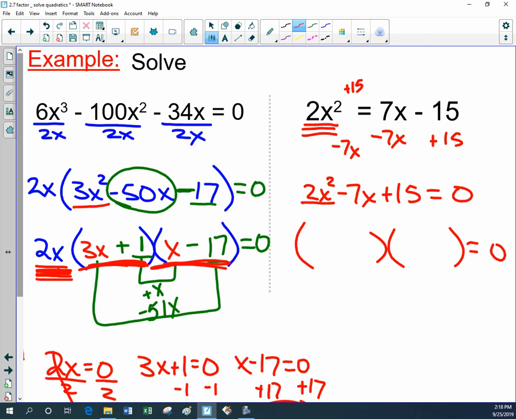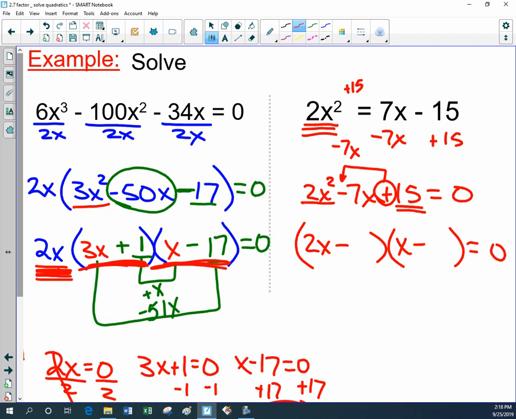So factors of 2x squared, 2x and 1x. Factors of 15, so 15 and 1, or 5 and 3. My last term is positive, which tells me both signs are going to be the same. So look here in the middle, and that tells you they're both going to be negative.